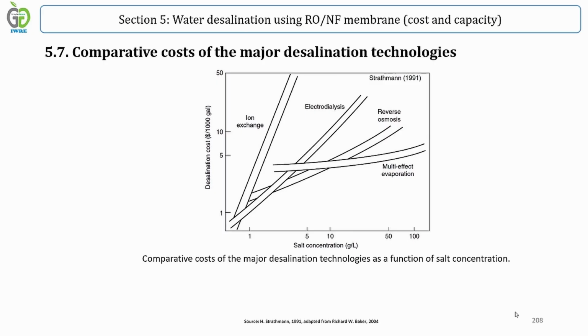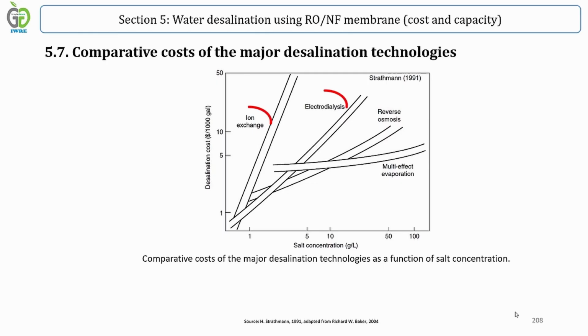Comparative cost of the major desalination technologies as a function of salt concentration. This cost should be taken as a guide only. Site-specific factors can affect cost significantly. The relative cost of reverse osmosis compared with other desalting technologies such as ion exchange, electrodialysis, and multi-effect evaporation is shown in this figure.